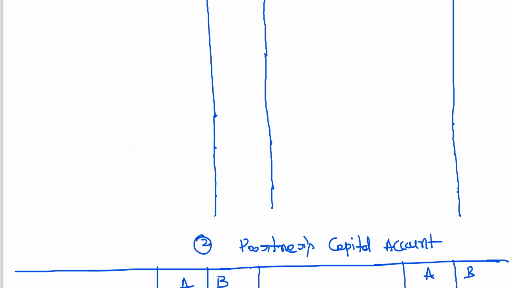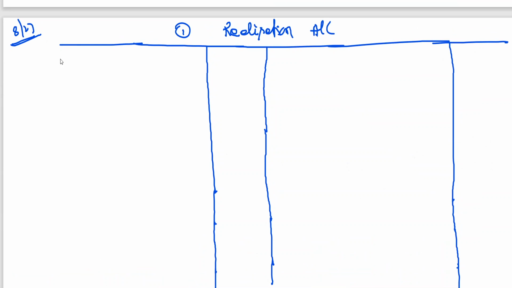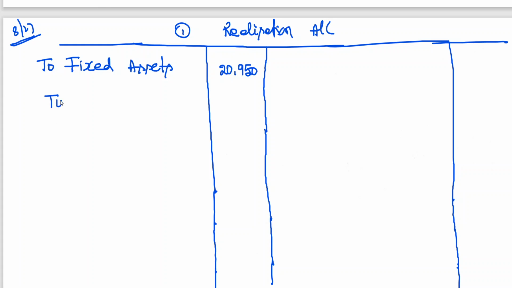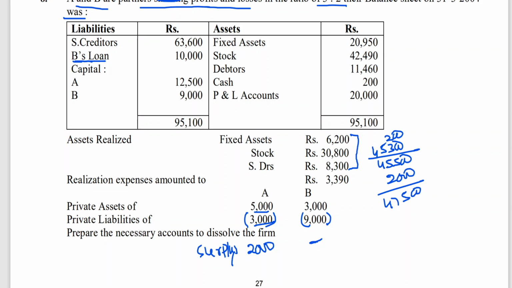To fixed assets 20,950. To stock 42,490. To debtors 11,460. Cash account 200.